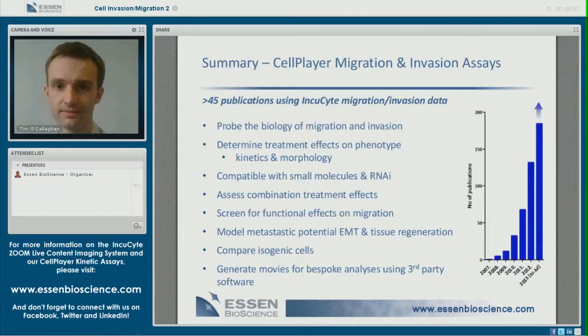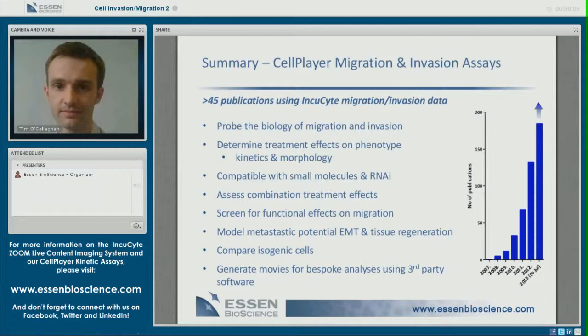So firstly, let me just state that for migration at least, typically the assays are certainly for fast migrating cell types such as HT1080s, the wound closure is complete within, say, 12 to 15 hours, and that's typically faster than the doubling time that would have a significant effect on wound closure.